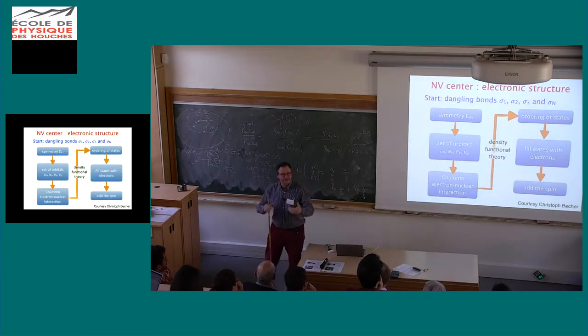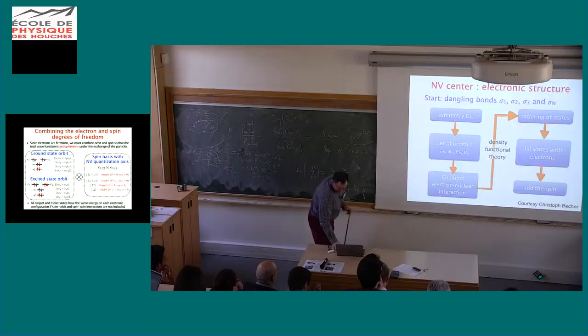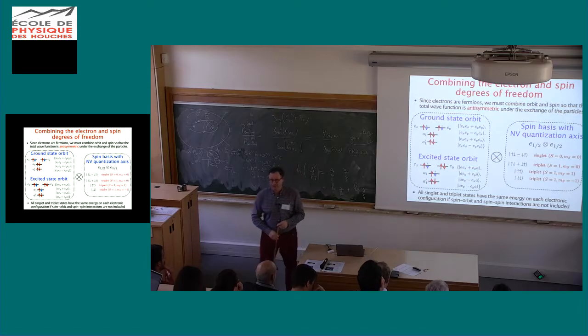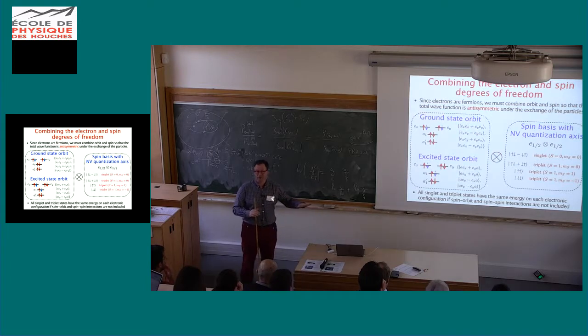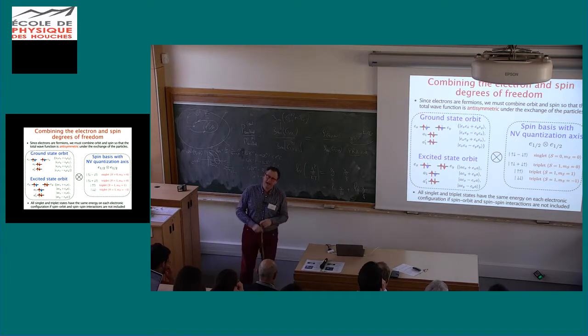I have now filled the states with the electrons, so I now need to add the spin. I have 2 electrons, so I have to combine both the electron orbitals plus the spin. And then comes a big difference from what we have in atomic physics.